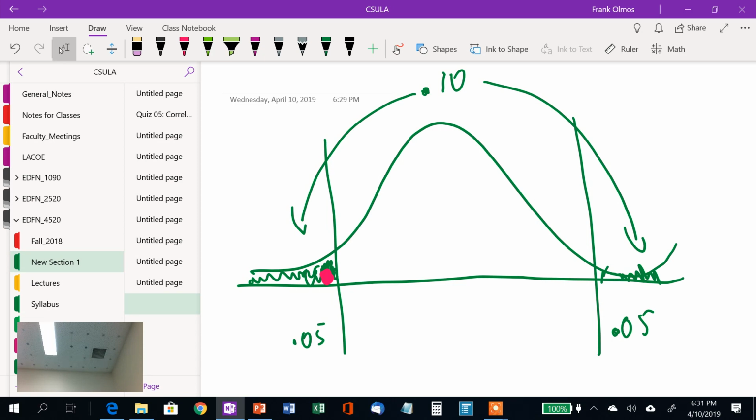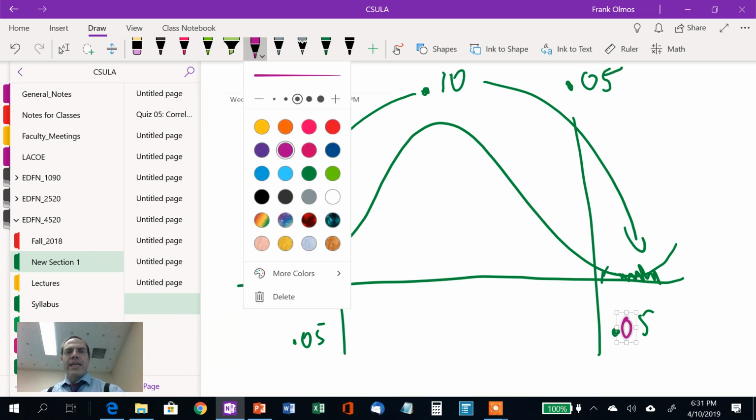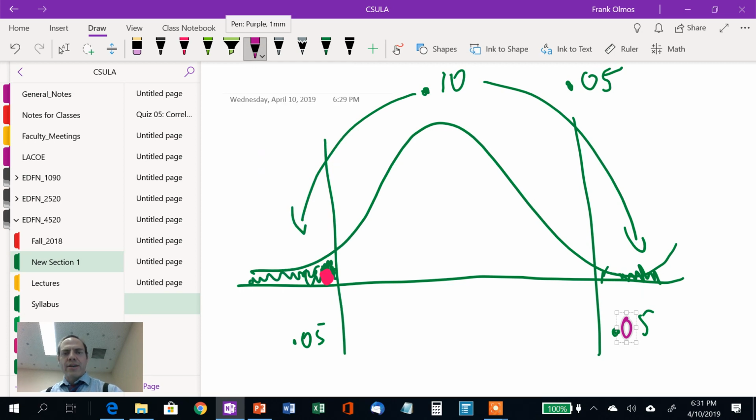Now, I change my criteria to 0.05, which is less region of rejection. So the total region of rejection is going to be, let's say, here.